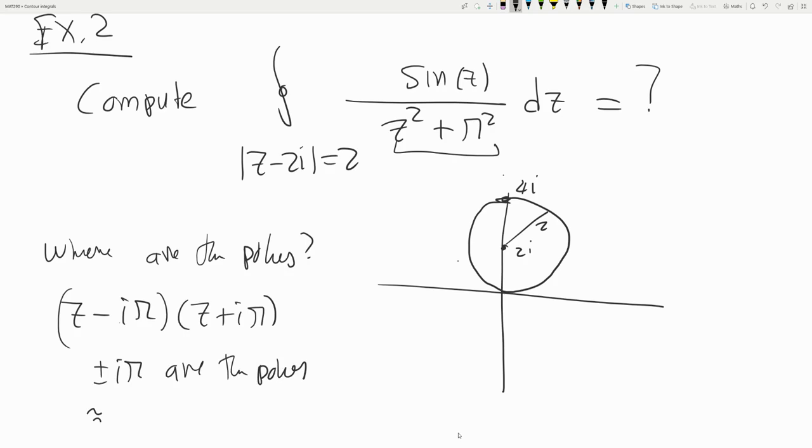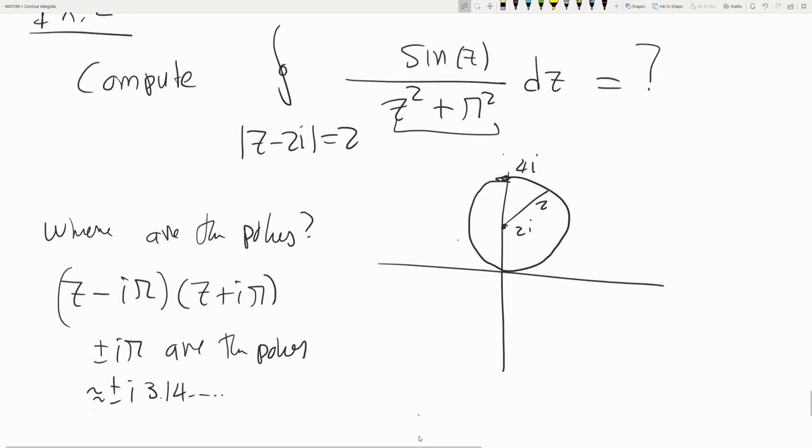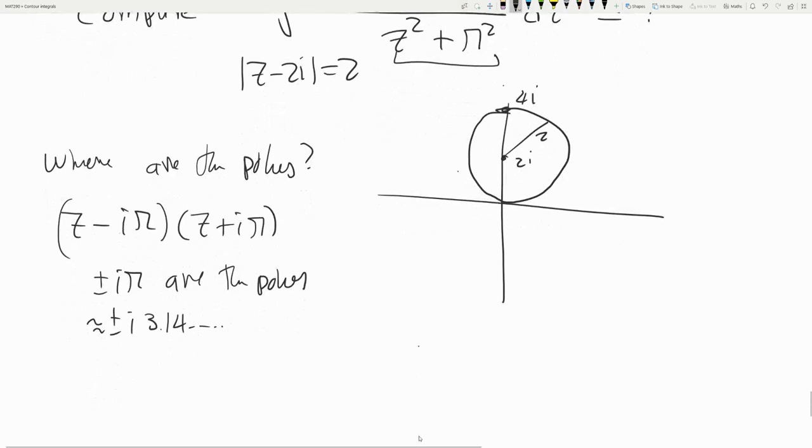But recall, this is what? This is 3.14, and so on. So in the picture, where am I? Yeah. So one guy is down here, minus i pi, and the other guy is over here, i pi.